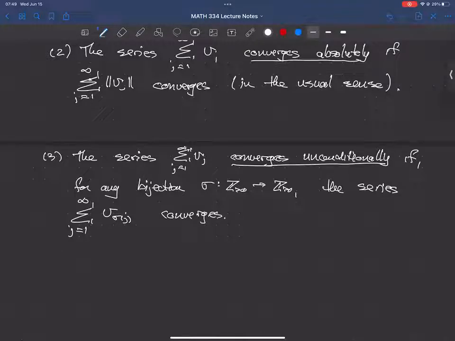Okay, so this means convergence in the usual sense. So no matter how you relabel the set, the series still converges. It might not converge to the same value, but it converges. Okay.